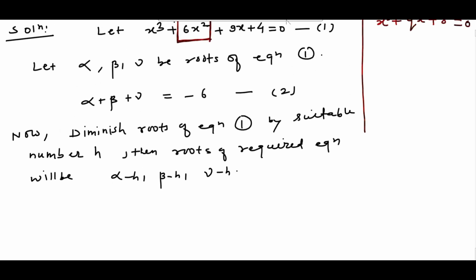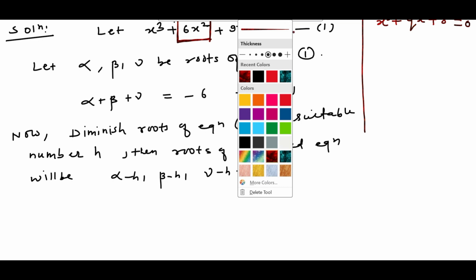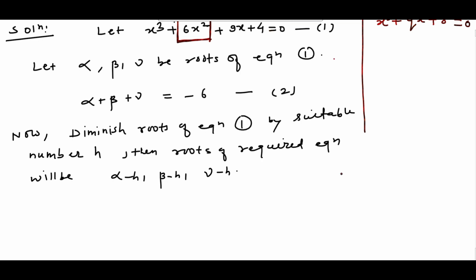So actually our required equation, we can say, is in the form a naught y cube plus a2 y plus a3 is equal to 0.